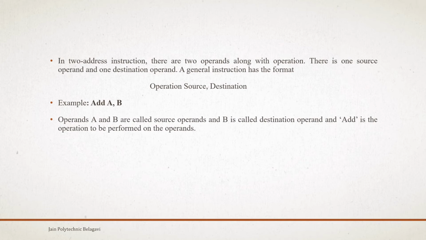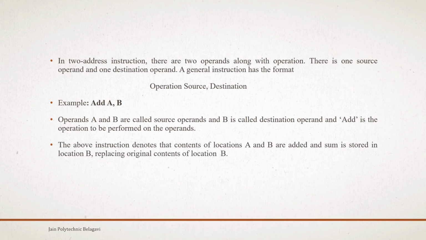Consider an example, add A comma B. What does this instruction do? Operands A and B are called source operands. Addition takes place between A and B, and the result is stored in B. So B is also called the destination operand, and add is the operation to be performed on the operands.